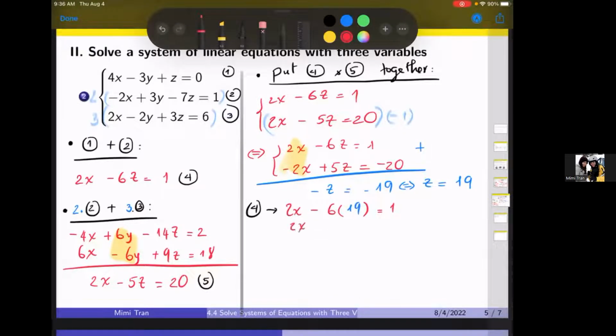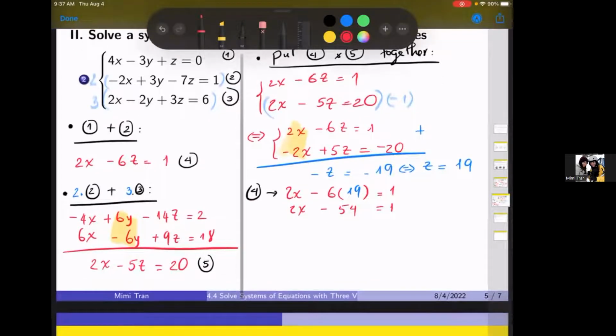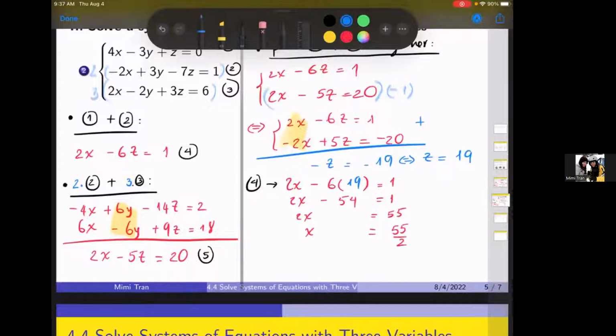So 2x minus, what is 6 times 19? Oh, 54, right? Yeah, 54 equal 1. Add 54, so 2x equal 55. x equal 55 divided by 2. Leave it like that, it's fine.